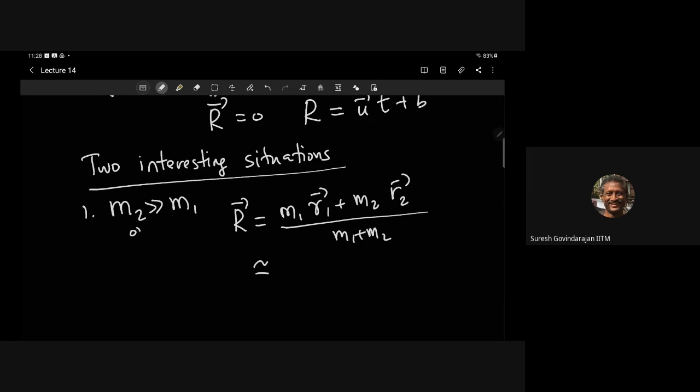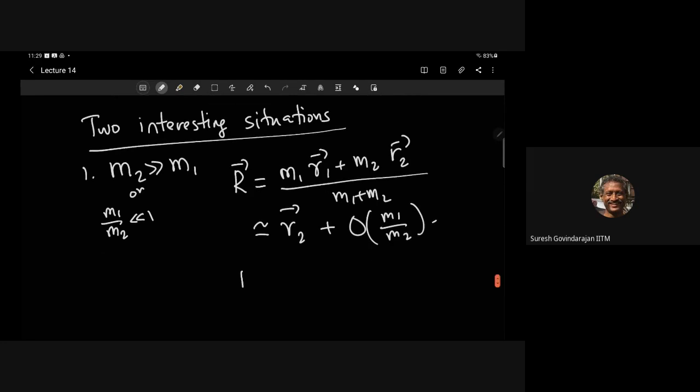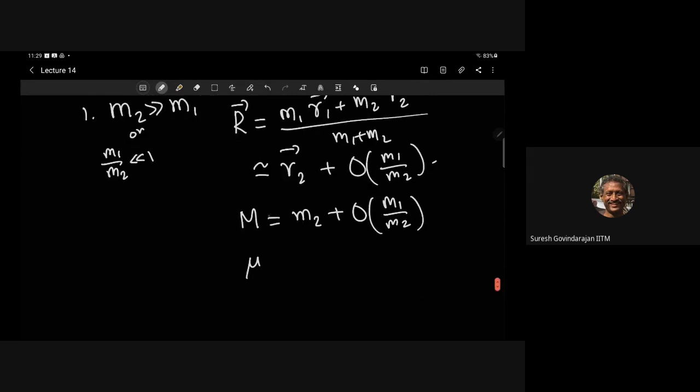It says M1 by M2 is much less than 1. So you pull out M2 from either side. Okay, and if you look at this, you will see that capital R is R2 plus terms which vanish as order M1 over M2. Okay, and capital M again will be little M2 plus order M1 by M2. And mu, these are all approximate. And what will mu be? It will be equal to M1.